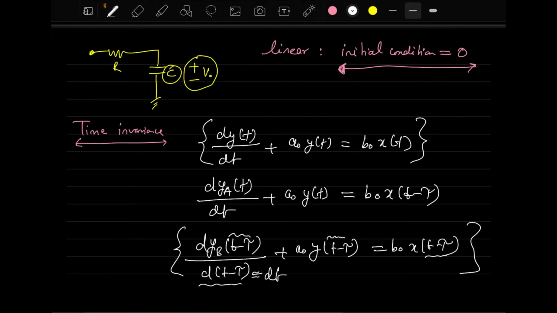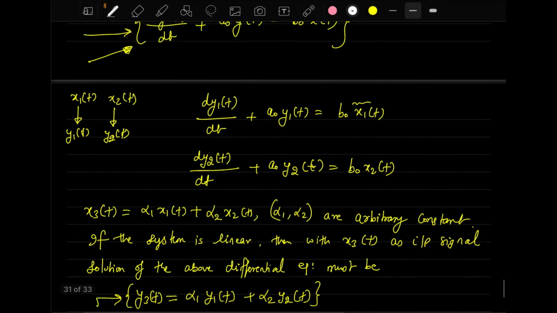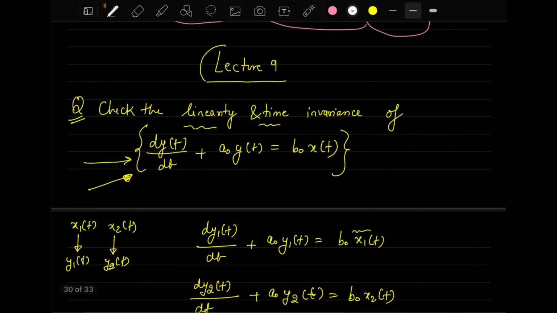So this is one of the important key concepts in the theory of signals and systems. That is, the differential equation that you are working on should be linear and time invariant.